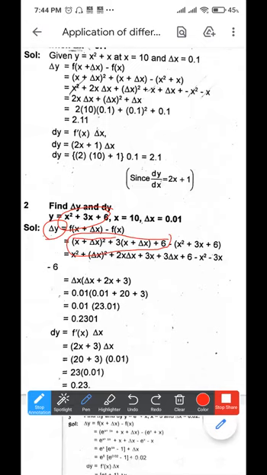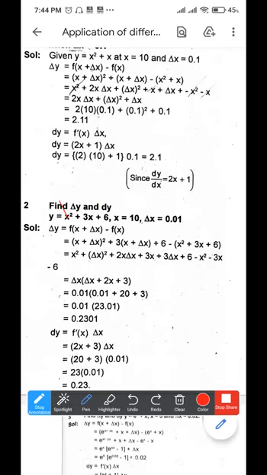Instead of x, we are substituting x plus delta x: x plus delta x whole square plus 3 into x plus delta x plus 6, minus f of x.